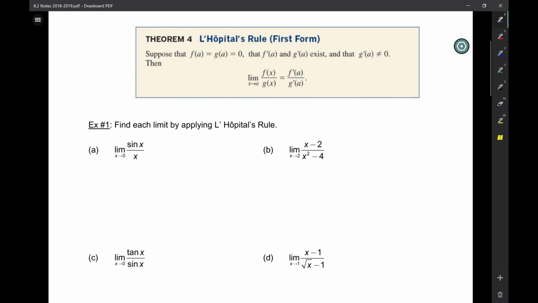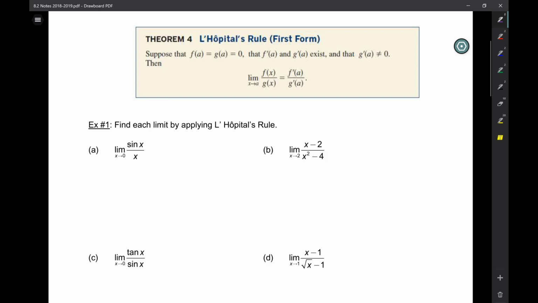So let's find this first problem: limit as x approaches 0 of sine of x over x. If you put in 0 here, then I have sine of 0, which is 0 over 0, which doesn't work.